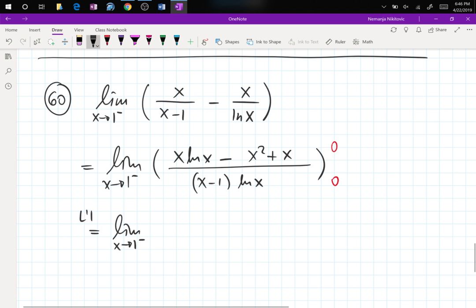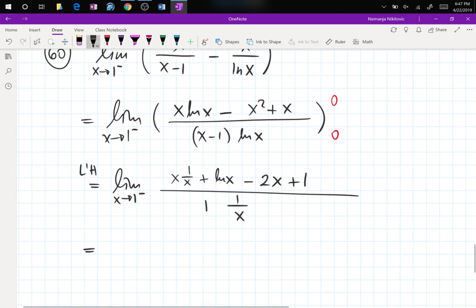So we are going to use L'Hopital's rule here and take independent derivatives. So now I have a product rule over here, which is copy the first, derivative of the second, plus copy the second, derivative of the first, minus 2x plus 1, divided by the derivative here, which is just going to be 1, and then 1 over x. So these will cancel. 1 plus 1 is 2. So limit x goes to 1 minus. In the denominator I have 1 over x.